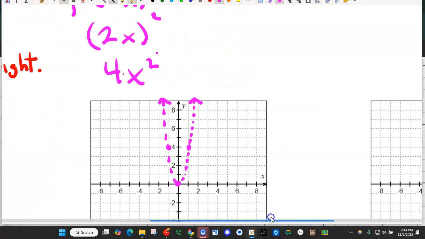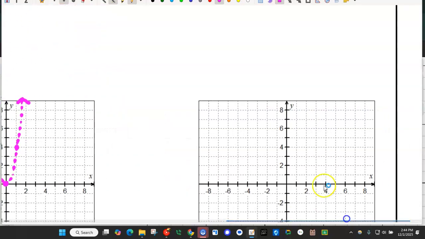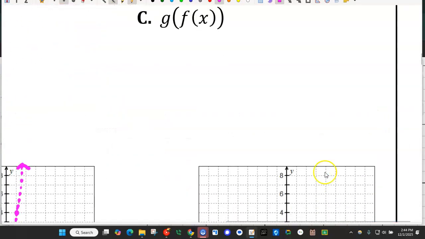All right, try the last one. See how that goes for you. This is g of f of x. So take f of x, which is x squared, plug that into g. Let's do the color. And we have g f of x, which is x squared, right?